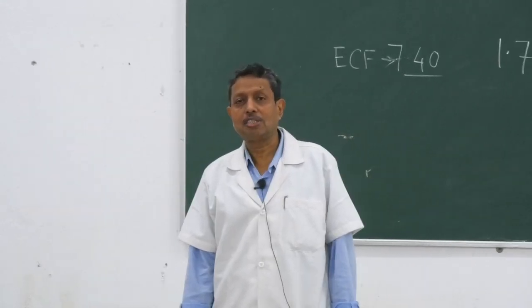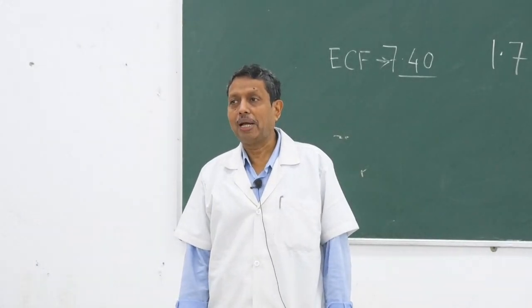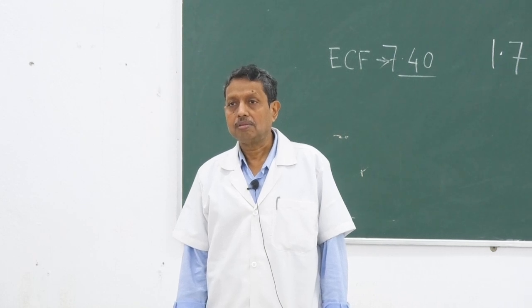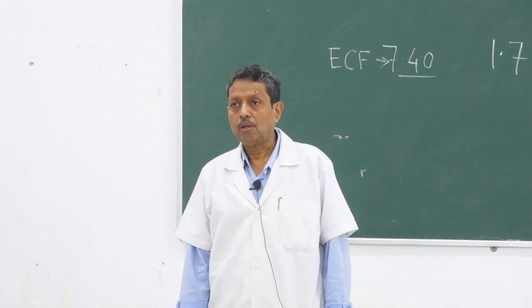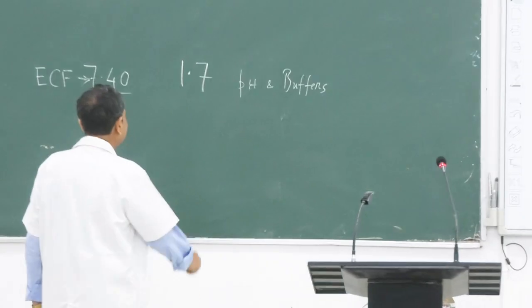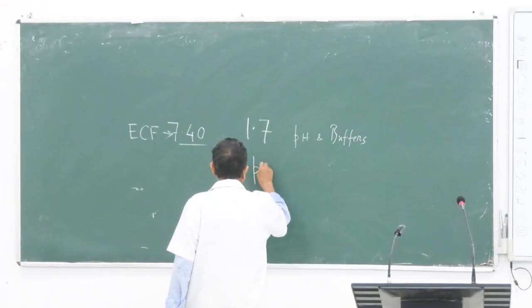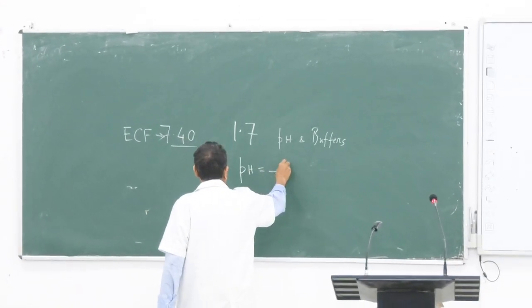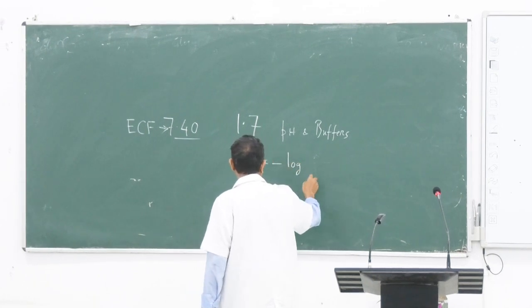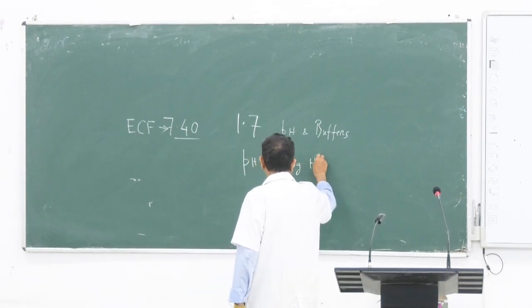pH is the negative logarithm of hydrogen ion concentration in moles per liter, which is equal to minus log hydrogen ion concentration.